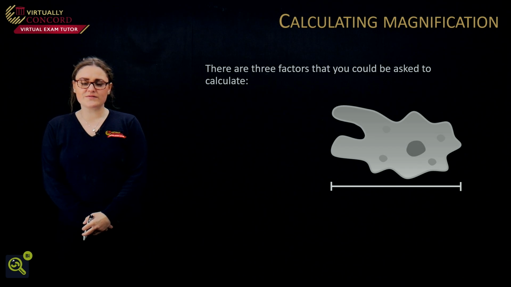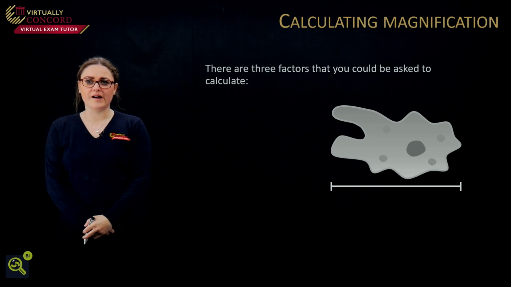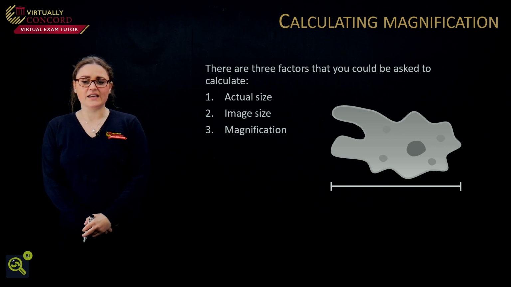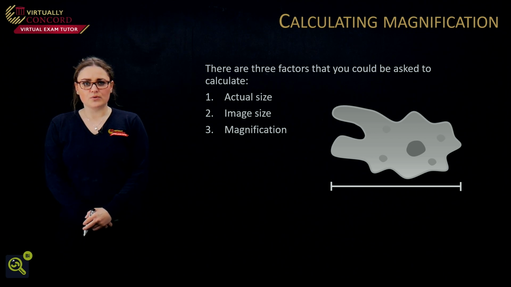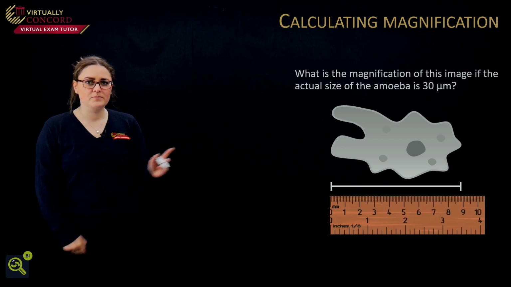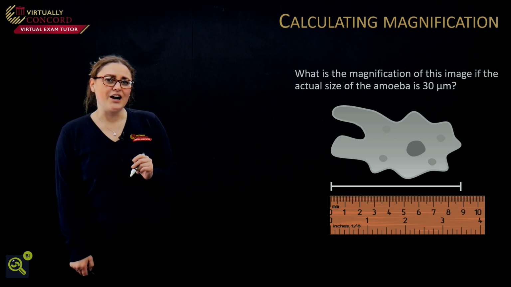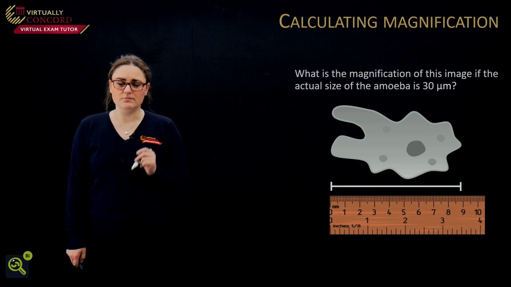Along with converting units, you may also be asked to calculate magnification. This includes actual size, image size, and magnification calculations, and there is an equation that you can use. Let's work an example using this amoeba diagram over here. What is the magnification of this image if the actual size of the amoeba is 30 micrometers?